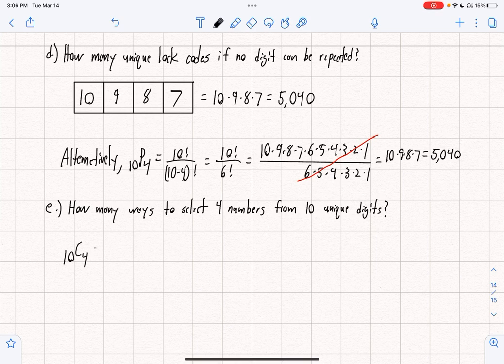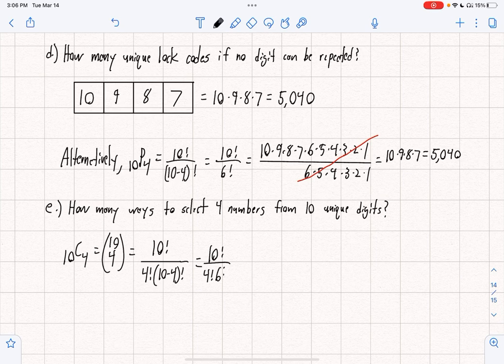10C4, or we could write that as 10 choose 4, which is equal to 10 factorial over 4 factorial times 10 minus 4 factorial. So that would be 10 factorial, 4 factorial, 6 factorial.